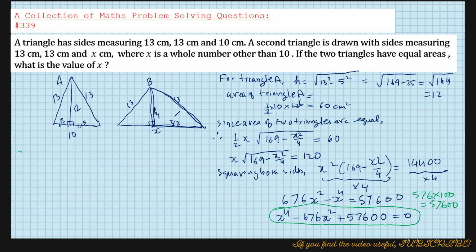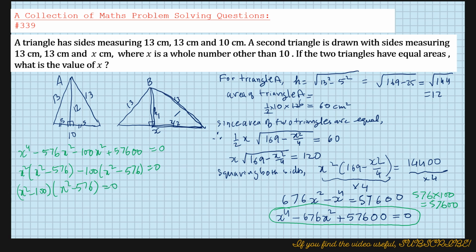So we can write x to the power 4 minus 576 x squared minus 100 x squared plus 57,600 equals 0. So we write x squared times (x squared minus 576) minus 100 times (x squared minus 576) equals 0, and that gives us (x squared minus 100) times (x squared minus 576) equals 0.